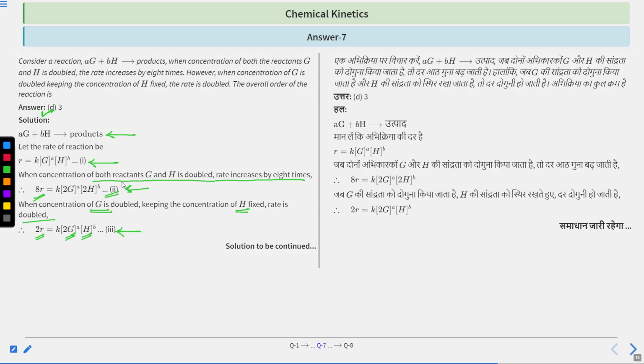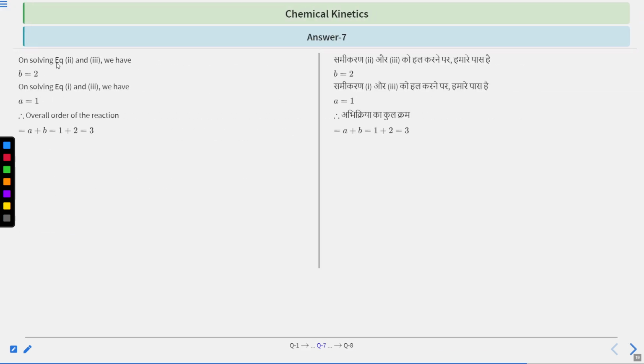Now we just observe the second and the third equation. From the second and the third equation, we can calculate that B comes out as 2. Now, if you put B equals 2 in the third equation, and solve the first equation and the third equation, you can calculate that A will come out as 1. Right?